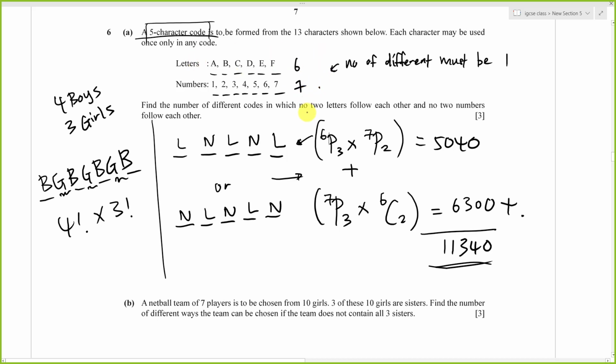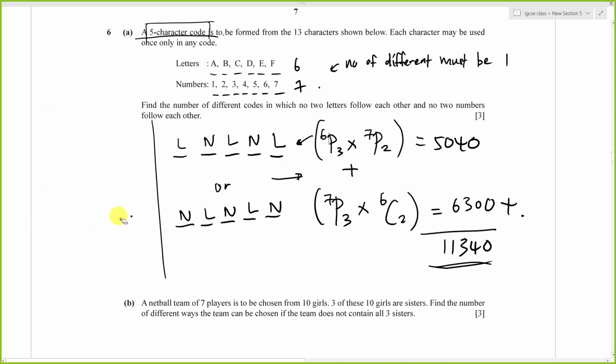If they want a 13 character code, but because they want a 5 character code, I can straight away do like this. And then some students might ask me, can they actually do it by using combination? Yes, you can do it by using combination if you want, but it will be a little more complicated. Example, let's say now I want to have 3 letters here.